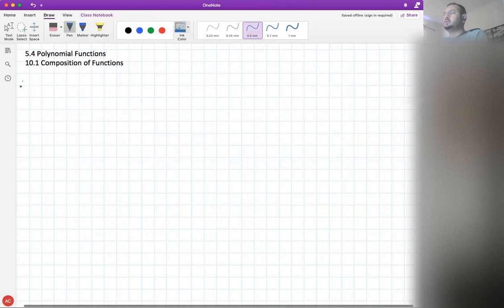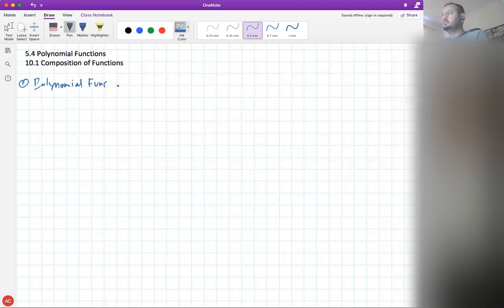So they are exactly as they sound. They are polynomials in functions. So we saw what polynomials are, expressions with numbers and variables. Polynomials don't have negative powers.